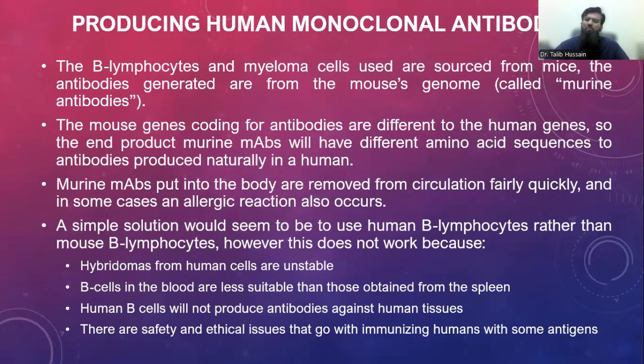Secondly, when we use a human to get the B lymphocyte, we have to add some antigens inside the human body. The human body will not produce B cells. For example, it will produce a response, but that response will be in the blood, not in the spleen of the human.